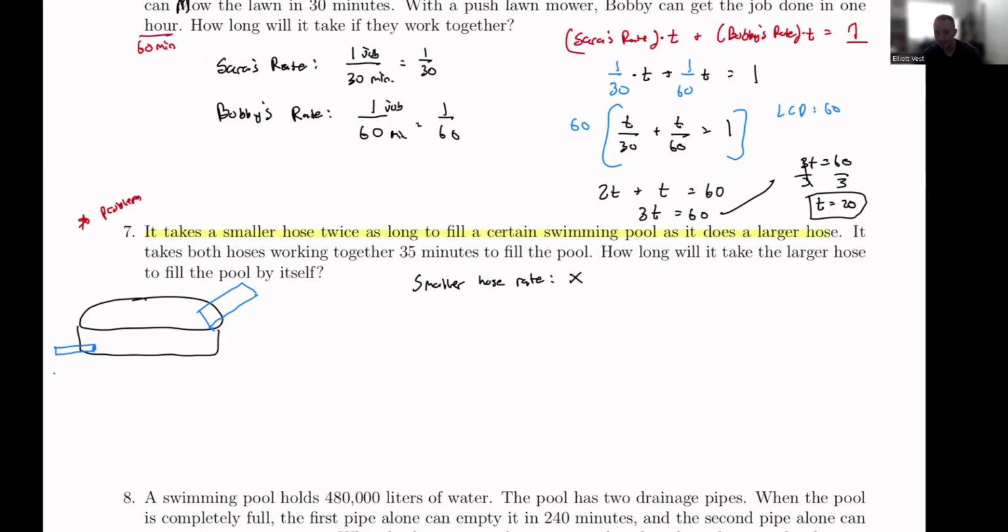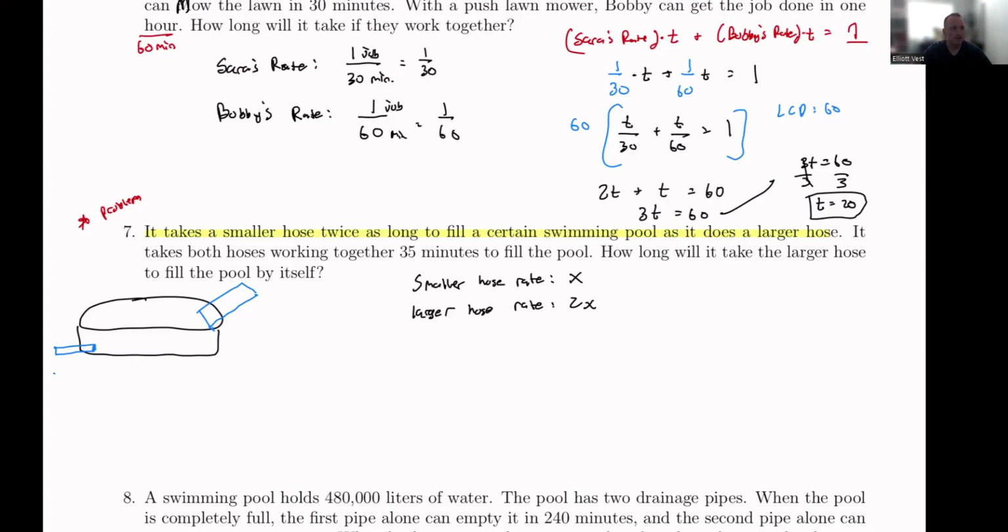I don't know what it is. But if it takes twice as long for the smaller hose, that means the larger hose rate is twice as fast. There you go. That works.